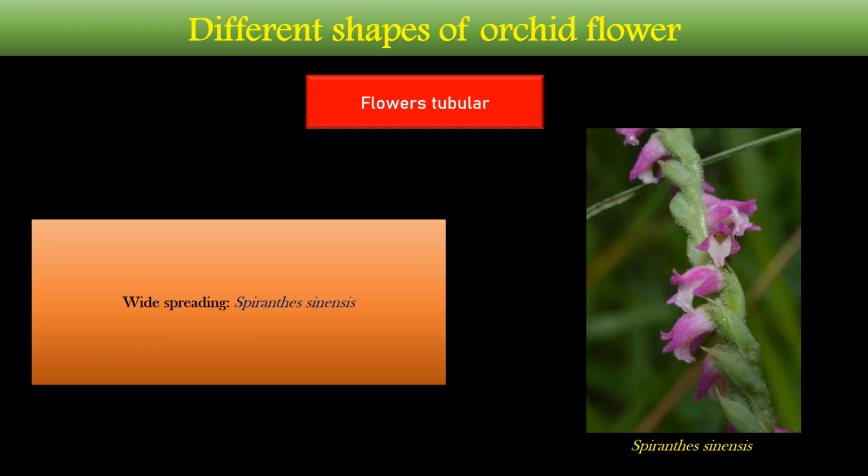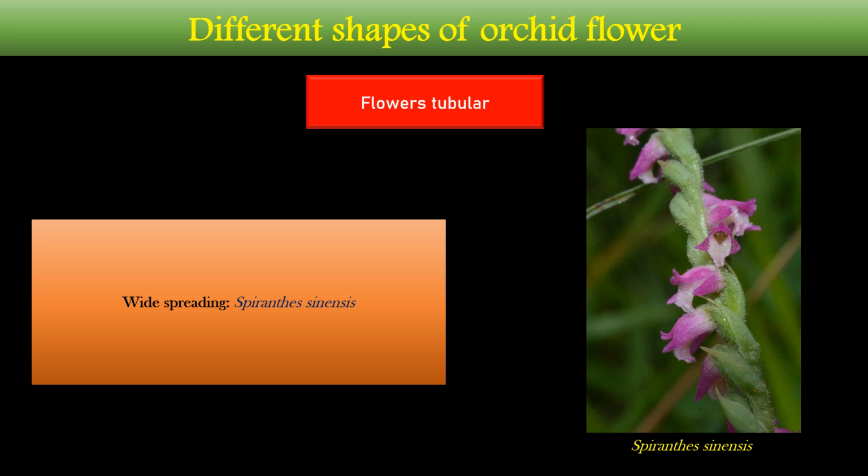So then comes to our flowers that are tubular in size. As you can see, it has a wide spreading form, and the best example, or the only example I get to know, is Spiranthes sinensis.